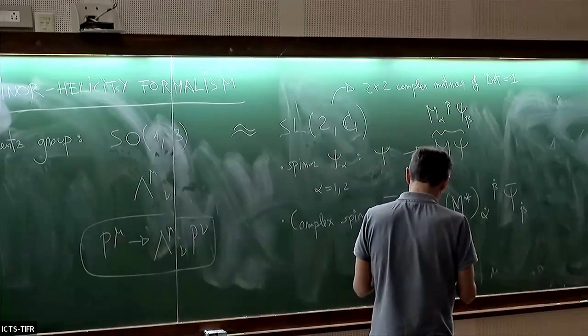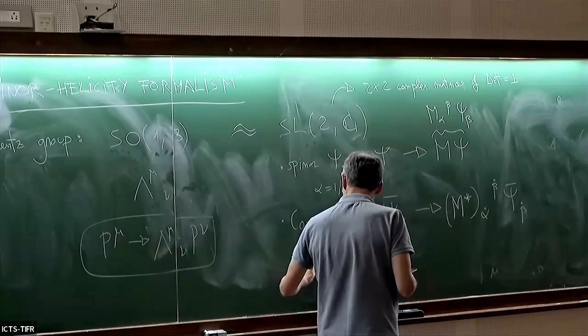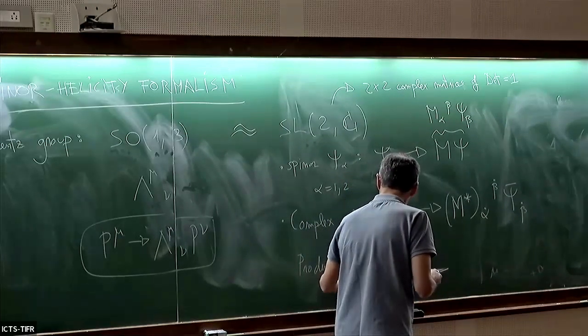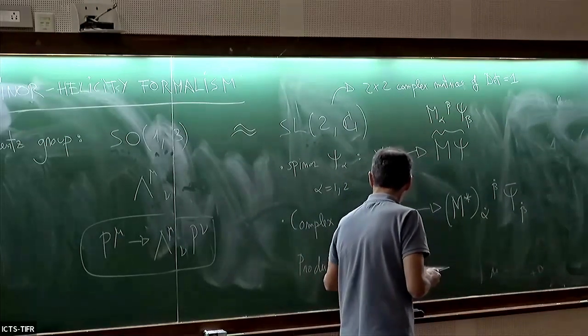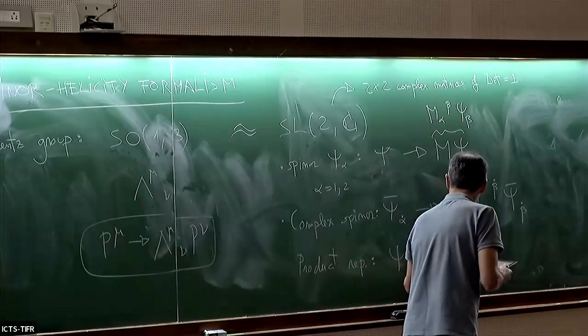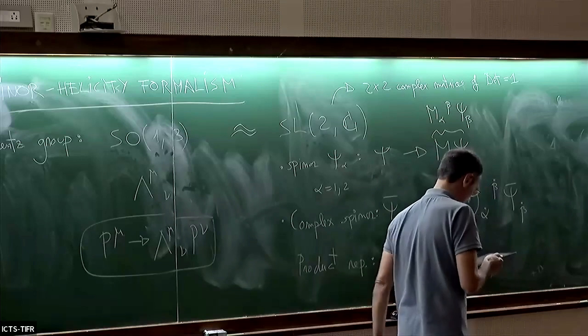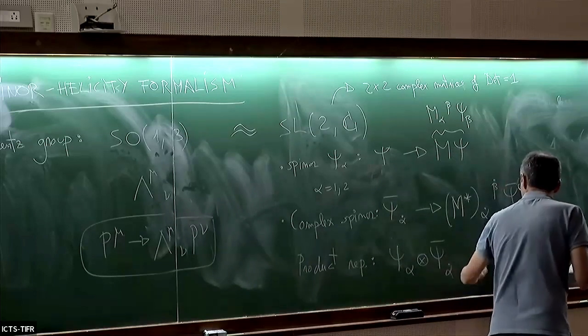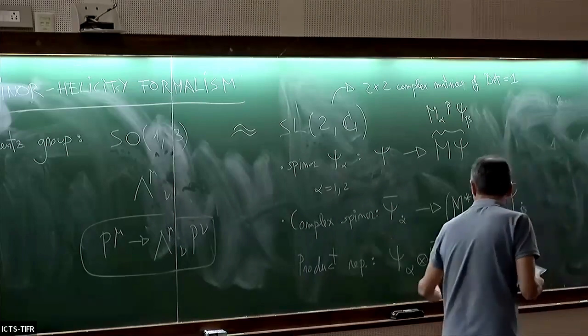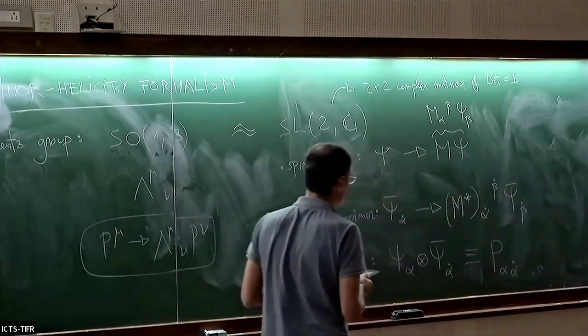The one I could consider, the product representation, would be this psi alpha psi-bar alpha dot. That we call P, that is a matrix because it depends on two indices, P alpha alpha dot.